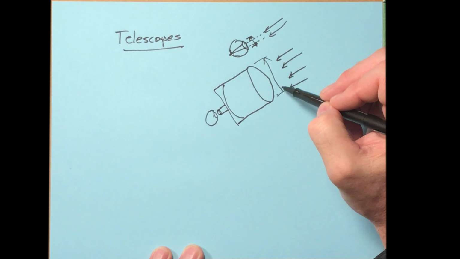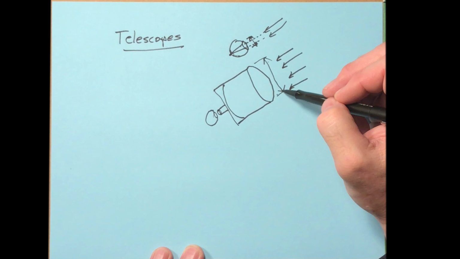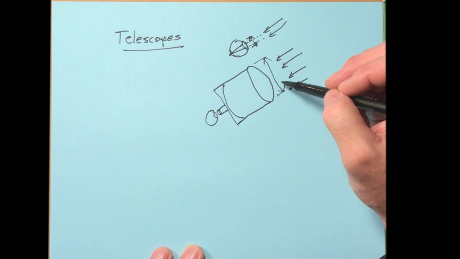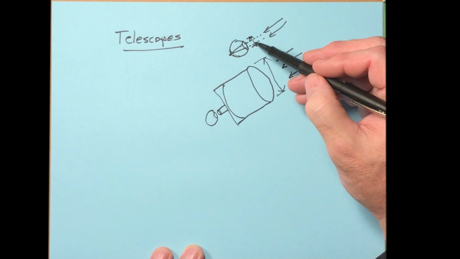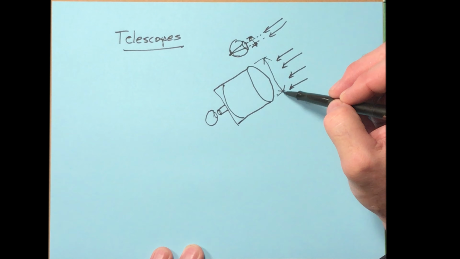So that's the real purpose of a telescope. The real purpose of a telescope is to gather more light, to have a bigger light bucket. And rather than allowing just this much light to come through, which is the size of your iris, it allows this much light to be gathered instead.